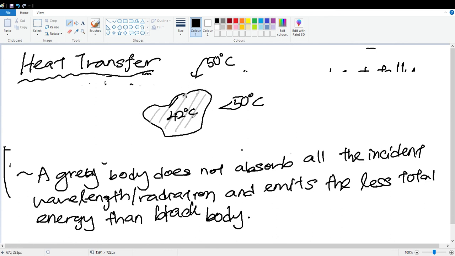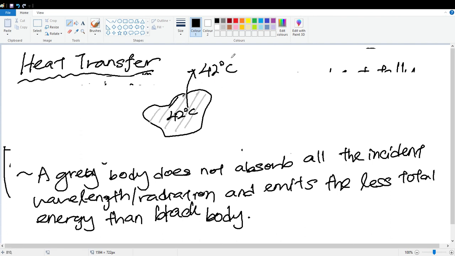So what we have here is the 42 degrees Celsius. After absorbing, there will be emitting. So the total energy which is emitted is 42 degrees Celsius.